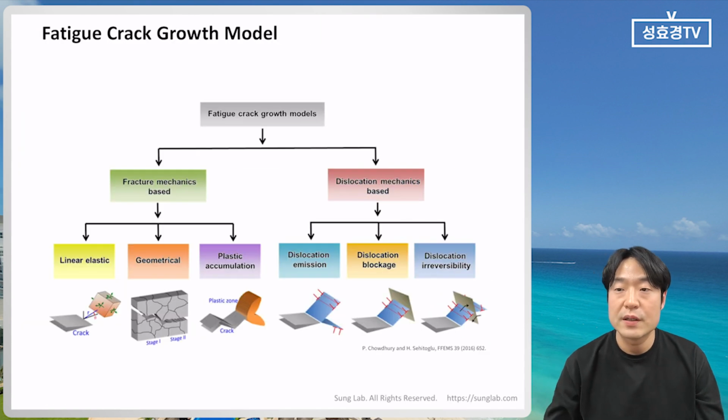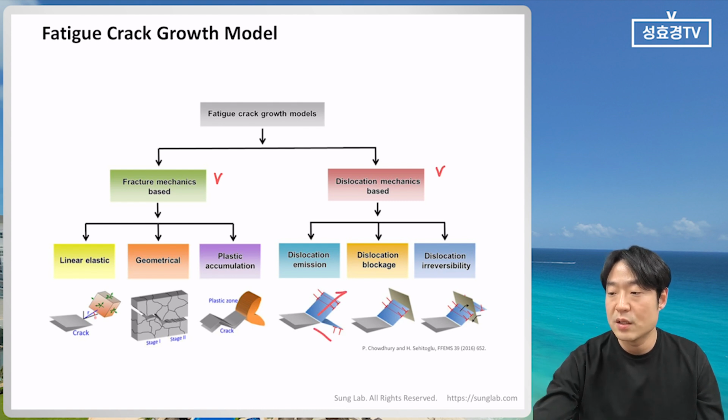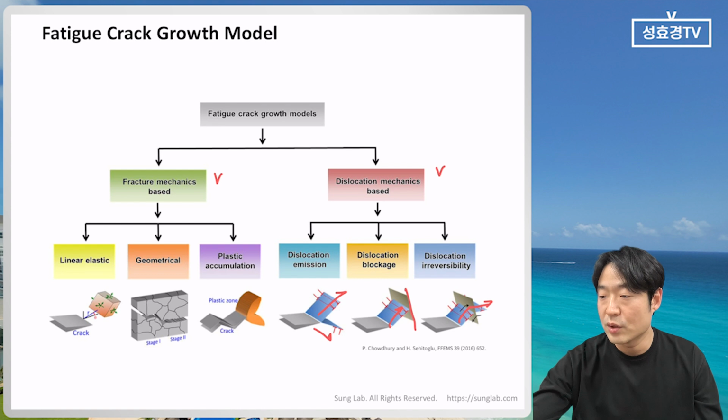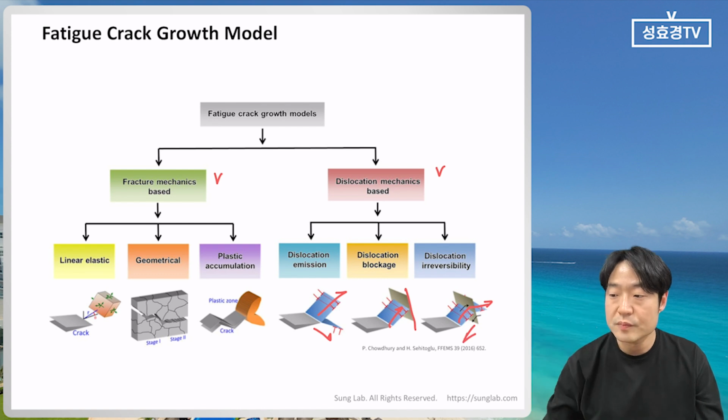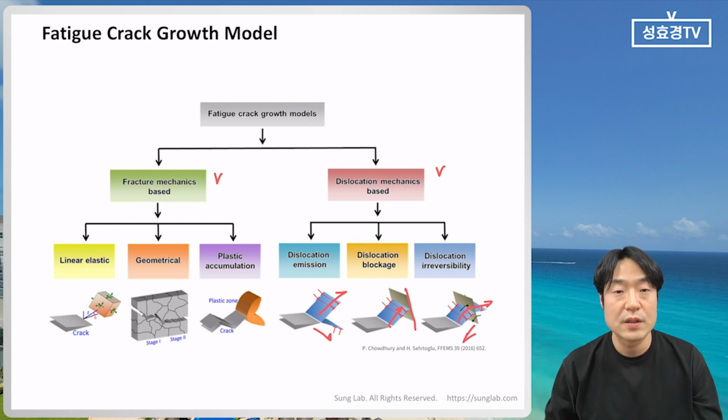Here is the final slide. For the fatigue crack growth model, there are a lot of models. They are divided into fatigue fracture mechanics based, such as linear elastic, geometrical and plastic accumulation, and also dislocation mechanics based, where dislocation is emitted, sometimes blocked, and there is dislocation irreversibility, meaning it does not go back anymore. This is related to the fatigue crack growth model.